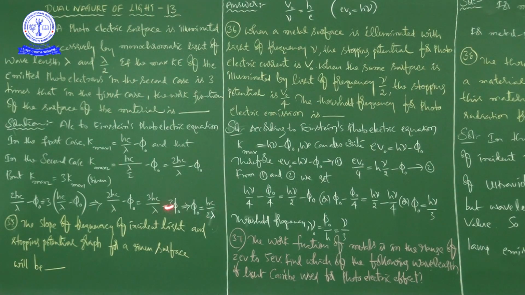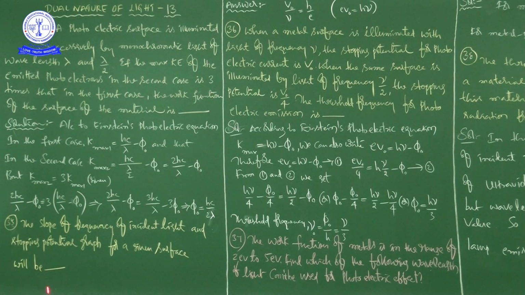That is like equation 1 and equation 2; by solving these two equations, from the first case and second case, and using the relation given in the problem, we found the work function in terms of hc by lambda, that is phi naught is equal to hc by 2 lambda.